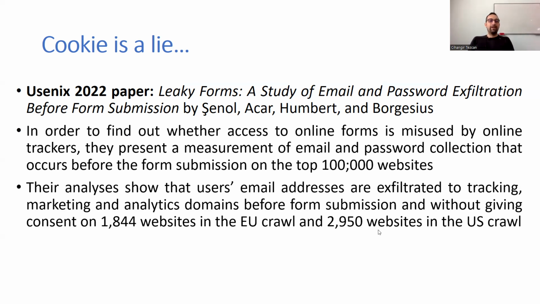They observed that email addresses are exfiltrated to tracking, marketing, and analytics domains before form submission and without giving consent on around 2,000 web pages in the European Union and around 3,000 web pages in the United States. So this is a huge percentage compared to this number.